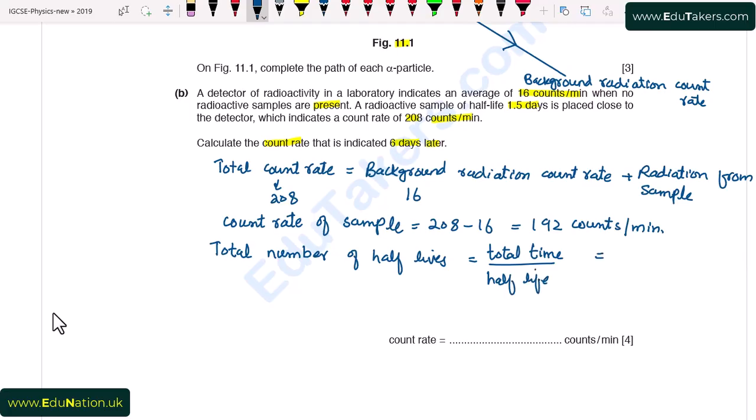Total time is 6 days, that is given here, divided by the half-life, which is 1.5 days, and it will be equal to 4. So there are a total of 4 half-lives.